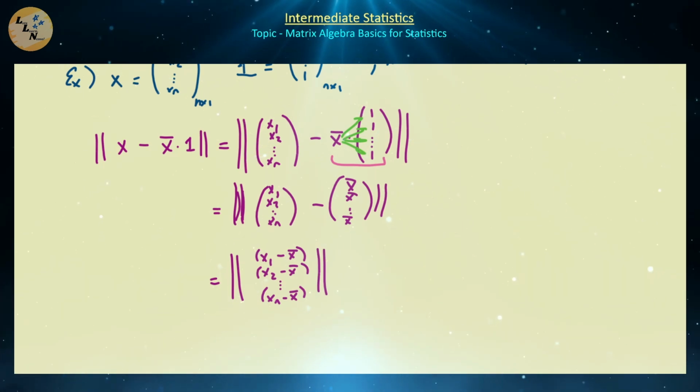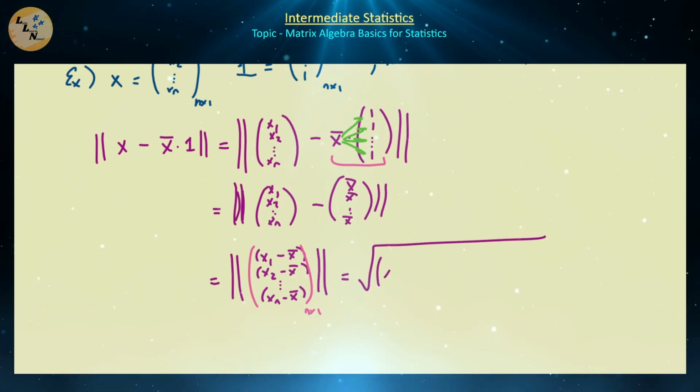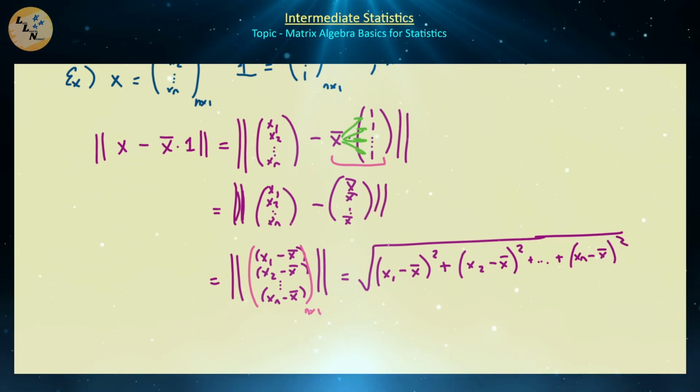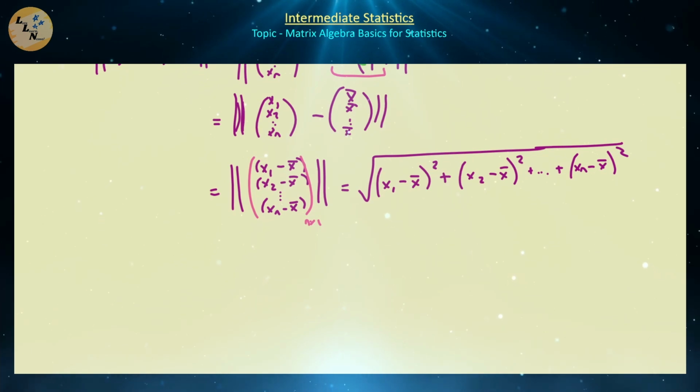Keep in mind this is still an n by 1 vector, so we're just going to sum up the squares of those components. That's going to be equal to the square root of x1 minus x bar the quantity squared plus x2 minus x bar the quantity squared, all the way down to xn minus x bar the quantity squared. So this formula should look vaguely familiar to you.